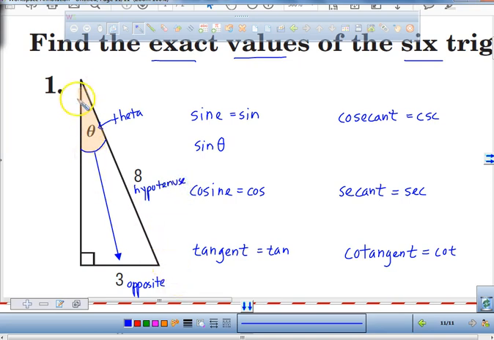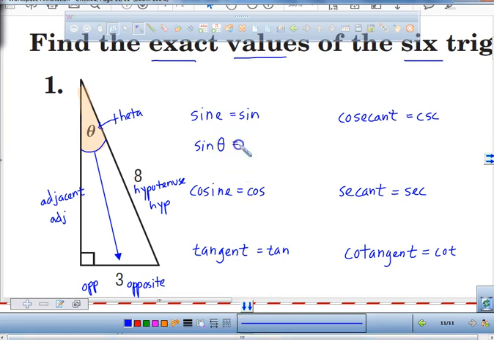And the side that is next to this angle is called the adjacent side. The word adjacent means next to. Now the abbreviations we're going to use for the adjacent side are A, D, J. Hypotenuse, I'm going to use H, Y, P. And for opposite, I'm going to use O, P, P.